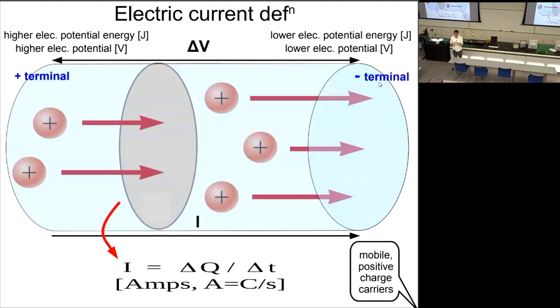It's not positive charge carriers. So this picture is misleading: I'm imagining a wire with positive charges streaming from left to right, but in a real wire, it's actually negative charges that are streaming through the conductor. So that's a minor mistake, or a big mistake, depending on your perspective.